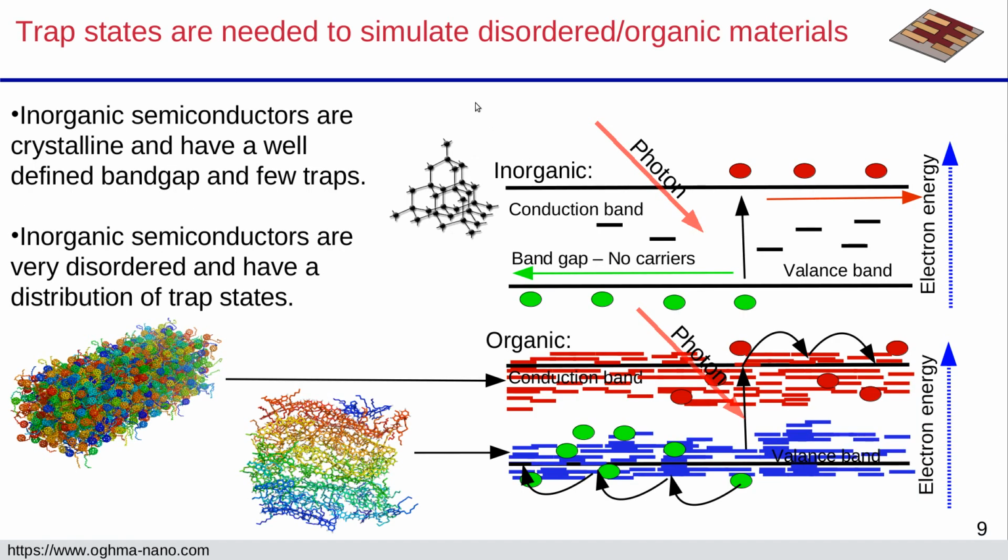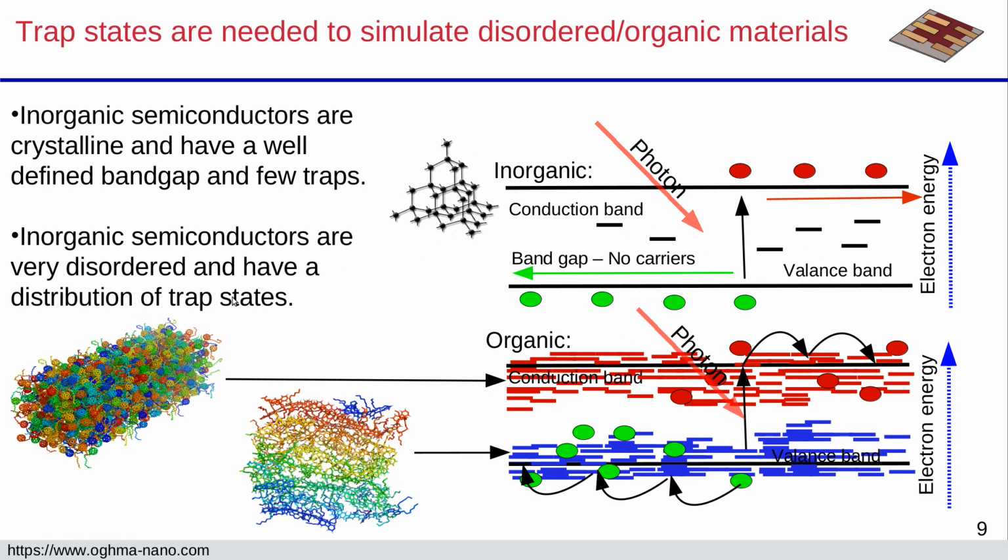So if you think about disordered materials, and very often most novel devices are made of disordered materials, because the whole idea with novel devices is to make them low cost, printable, and as a result of that, the materials aren't that pure or ordered, and they're very disordered. So here in the top right, we've got something that might be approximating silicon, a highly ordered system. It's not got many traps down here in the band gap.